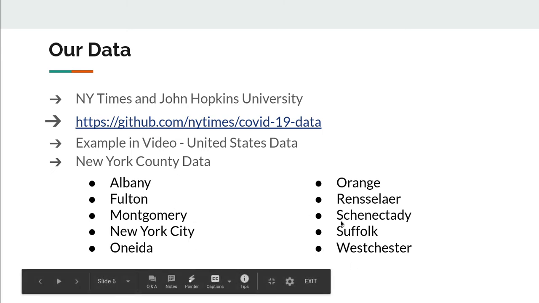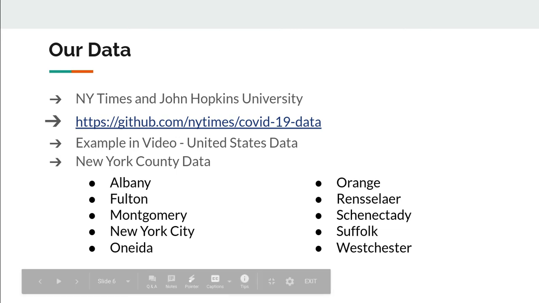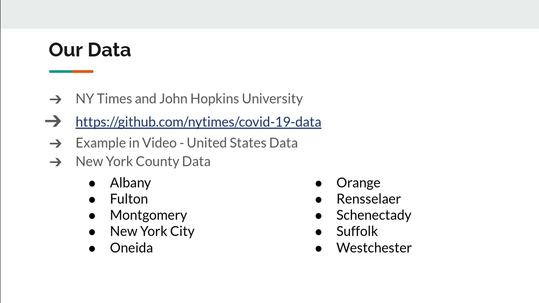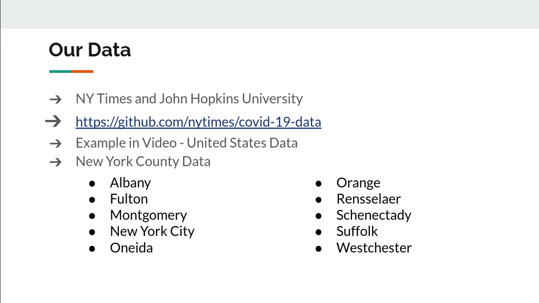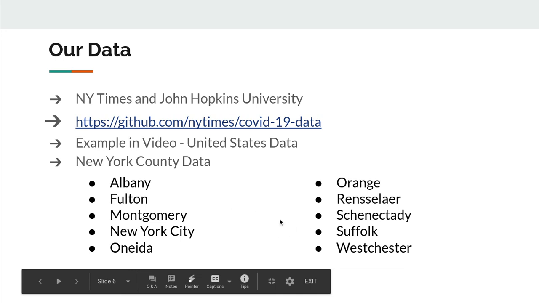I picked 10 counties out of the state, and you will have one county of data that you will have a spreadsheet for, and you are going to figure out what is the infection fatality rate for that county. So these are the 10 counties that we're going to use. You will be assigned a county. It's already on Google Classroom, and find that infection fatality rate.